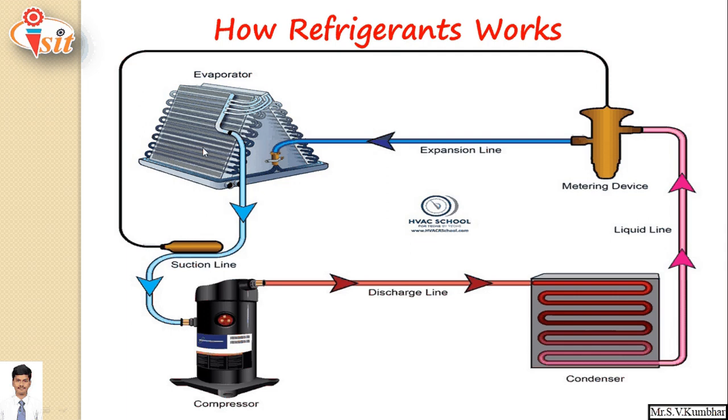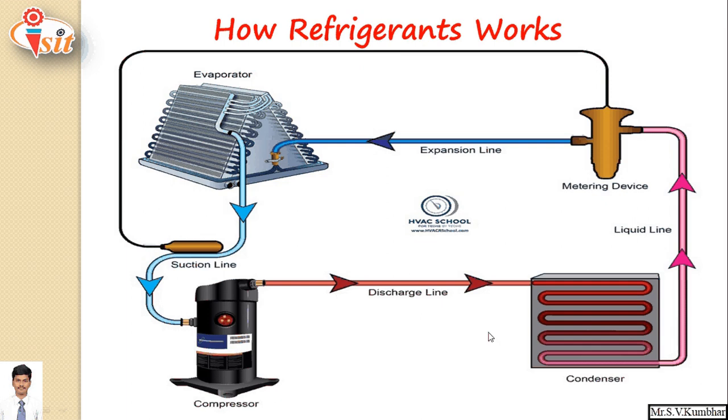The evaporator is a deep freezer in a refrigeration space, or in air conditioning, if you pass air over this evaporator, it becomes cool, and this cooled conditioned air is sent back to the room itself. Due to absorption of heat from the object to be cooled, the refrigerant is converted into low pressure vapors, and these are sent back to the compressor. In this way the refrigerant works.